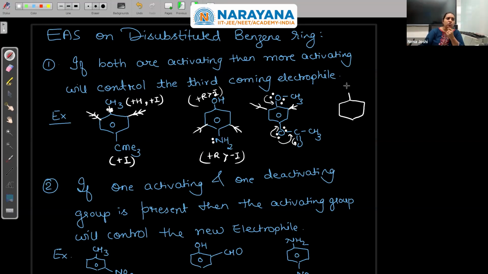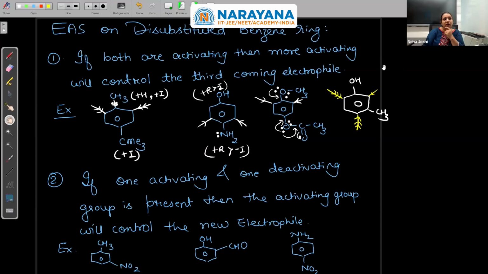But if you have two groups which are meta, and now I want to put a third electrophile, I will avoid this position and will have much better attack at these; the number of arrows means better attack, mild attack. Why? Sterics will also be seen. Three continuous groups should always be avoided as far as possible.